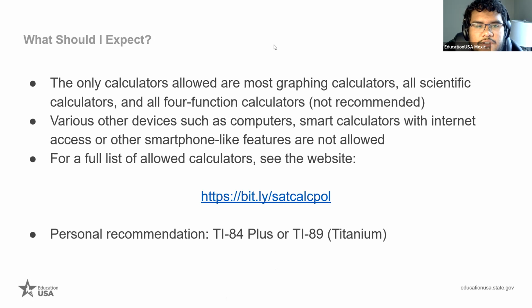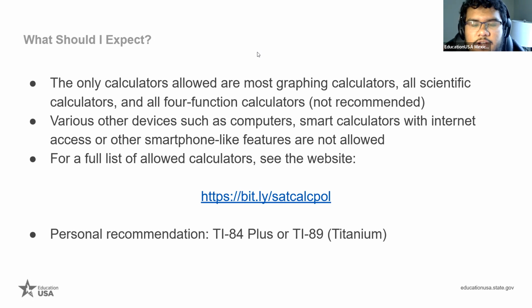So this part here is explaining the calculators that you're allowed to use for the exam. The only calculators that you're allowed to use are most graphing calculators, all scientific calculators, and all 4 function calculators, although it's very much not recommended that you use just a 4 function calculator. 4 function calculators are those that have just addition, subtraction, multiplication, and division, and nothing else.